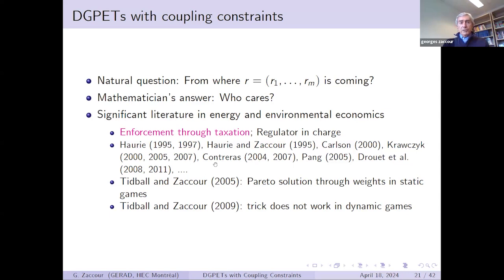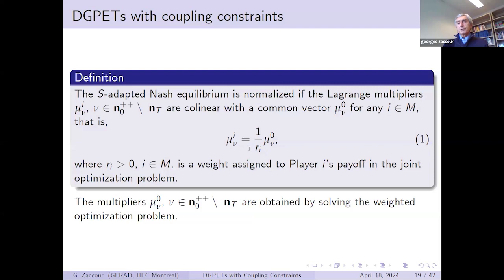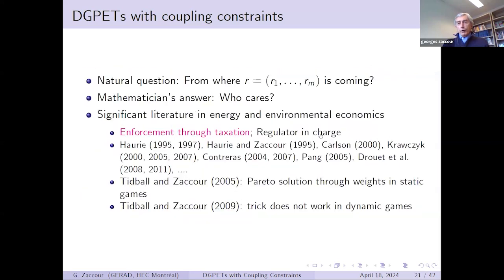principle. Now, interestingly, there is a large literature in resource, energy, and environmental economics where the story goes as follows. You have a regulator in charge of enforcing the joint constraint. And so the regulator is solving the joint optimization problem, getting the joint Lagrange multiplier, and after that telling the players what their multiplier is. Why is the regulator doing this?